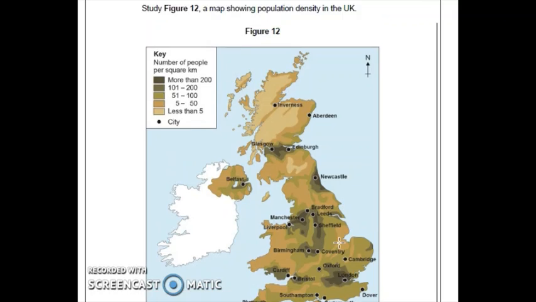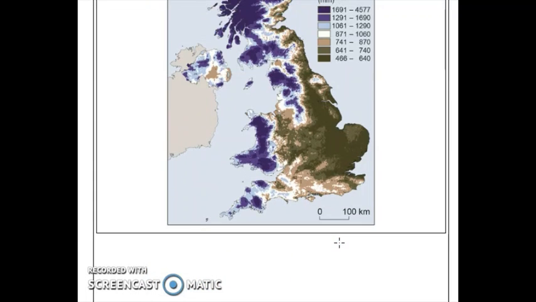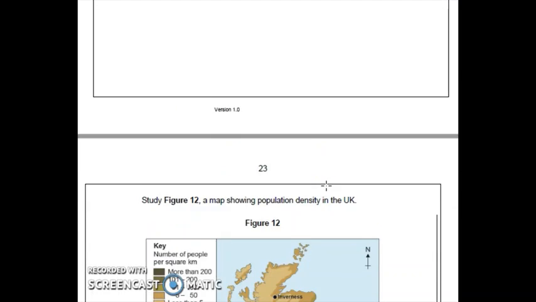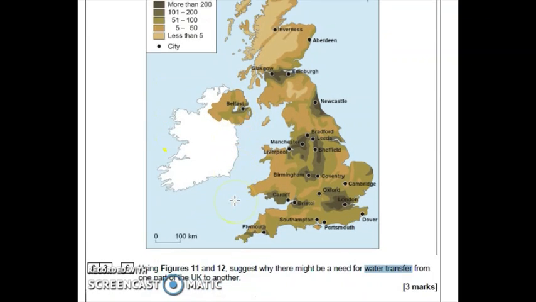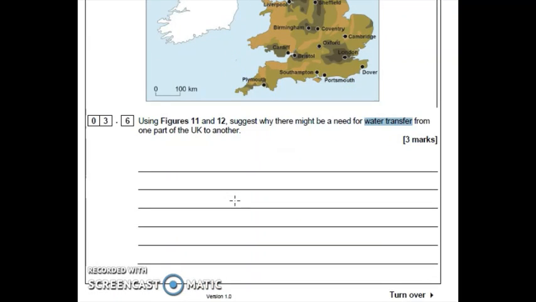It looks like, based on the map above, these areas they don't really get enough water, particularly down in London, as you can see here, to sustain them. So all you need to do is use the place names, understand the colours, use some of the numbers for the keys, and explain. As mentioned, in the north and in the west, there's lots of water, but where the need of it is around those big cities in the south and to the east.